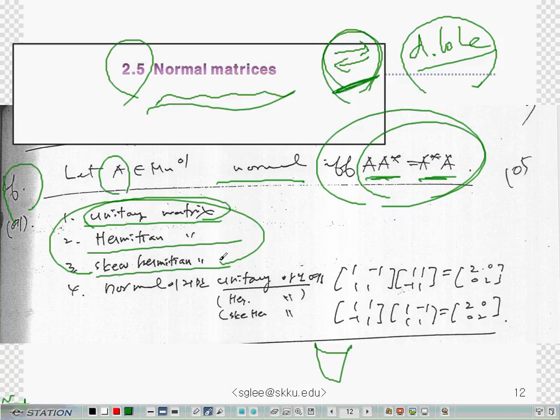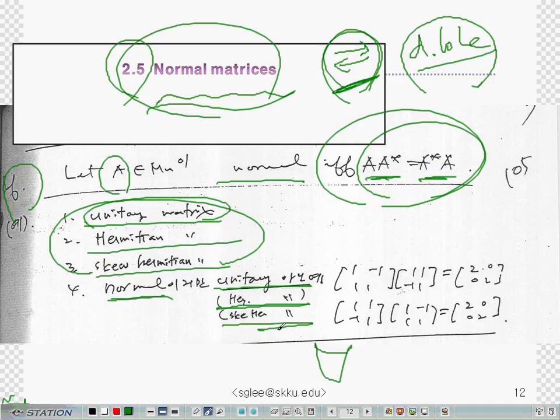So this normal matrix is very powerful and has a wide range of views. But there are some matrices which are normal but not unitary, normal but not Hermitian, and normal but not skew Hermitian. You can easily find one.